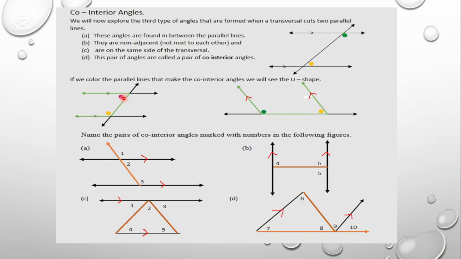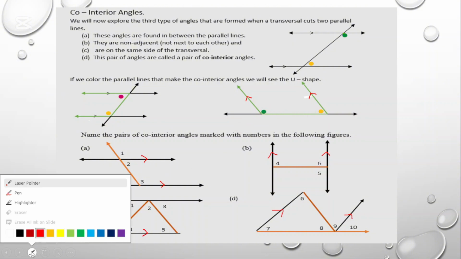I colored this part in green, and you see a U, right? So our pair of co-interior angles, they are on the same side in between the parallel lines. Over here, another U sign. You see there? And both of them in between the parallel lines.